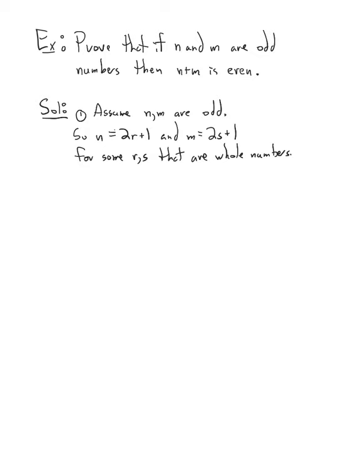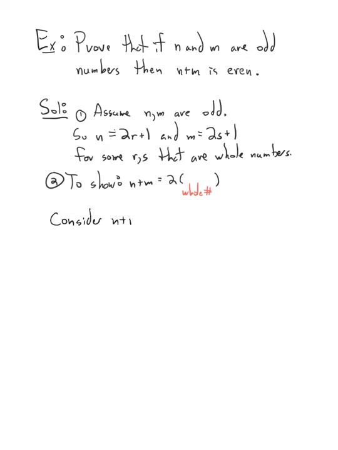Alright, so we did the first part. The second part, well, we want to show that n plus m is going to be 2 times some whole number, since we want to show that n plus m is always going to be even. If we can show that, we're done. So let's consider what we need to show.